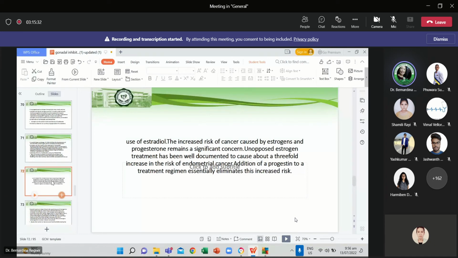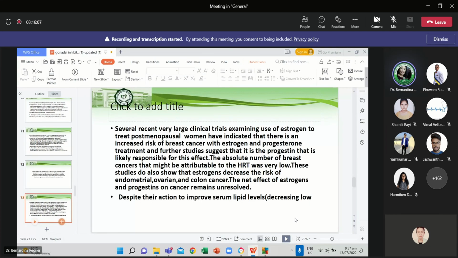Unopposed estrogen treatment has been well documented to cause a threefold increase in the risk of endometrial cancer. Addition of a progestin to a treatment regimen essentially can eliminate this increased risk. So it is very important to have a combination therapy in order to decrease the risk of endometrial cancer, and this is taken care of by progesterone or progestin.